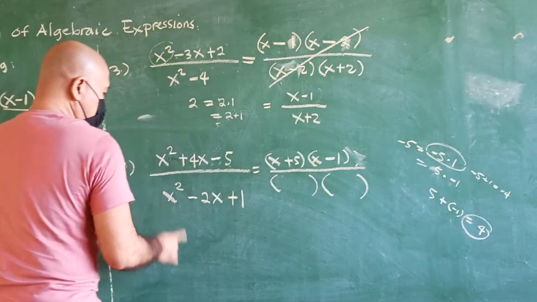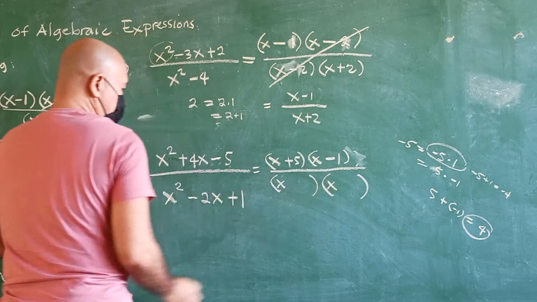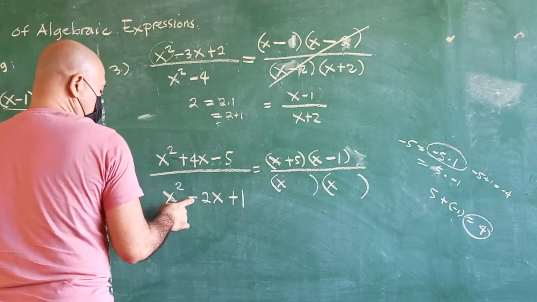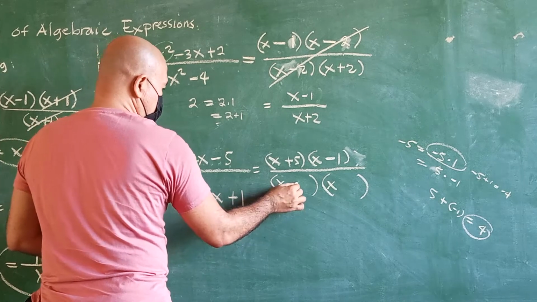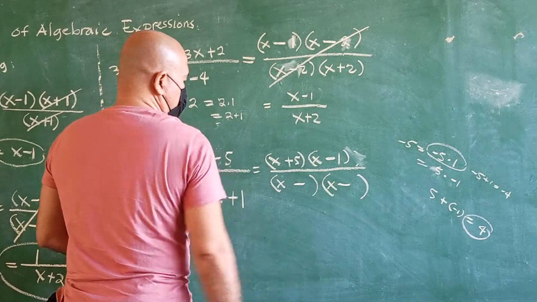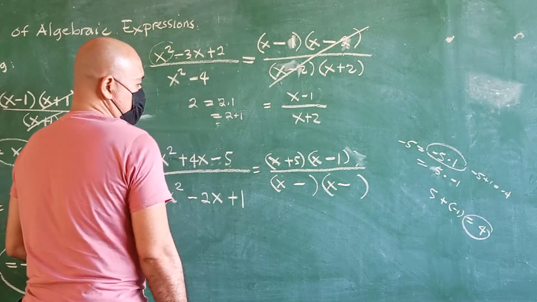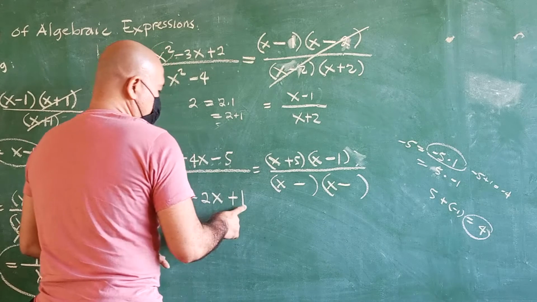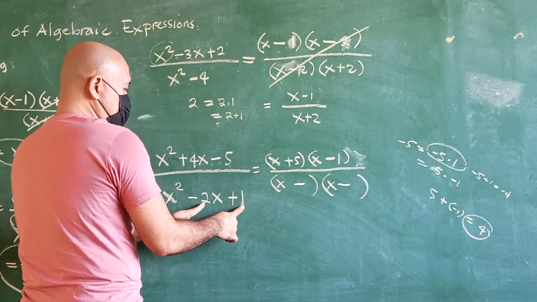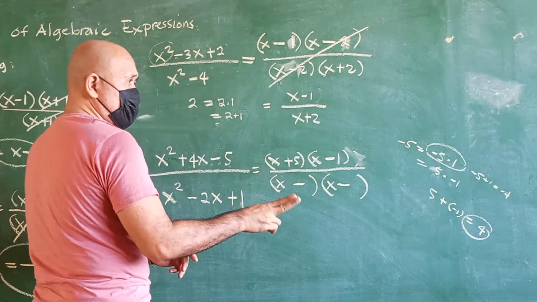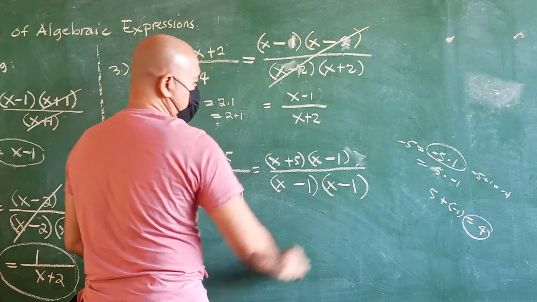The same, you need to distribute x here. And then, again, if the middle term is minus and the last term is plus, that means all factors will have minus in the second term, between the first term and second term. And the only factors of 1 that will give you 2 as their sum are 1 times 1, because when you add 1 plus 1, that is 2 also. That is automatically 1 here.